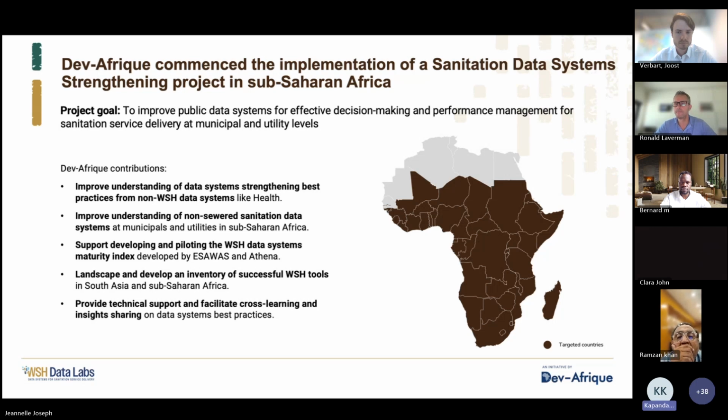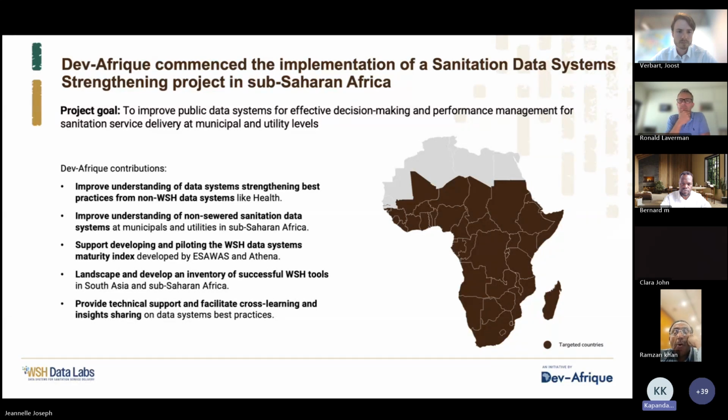The other objective has been to improve understanding of the current state of non-network sanitation data systems at municipality and utility level in sub-Saharan Africa, in order to understand what gaps exist and come up with recommendations and interventions that can be put across to the various key actors to strengthen sanitation data systems.